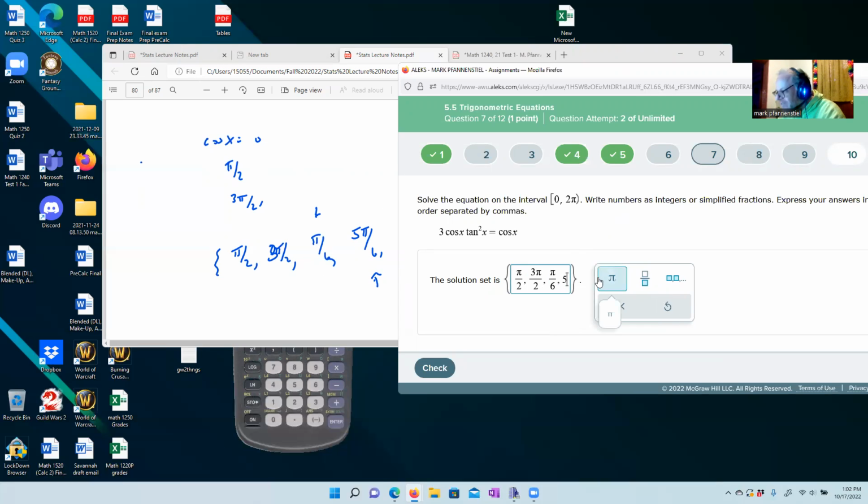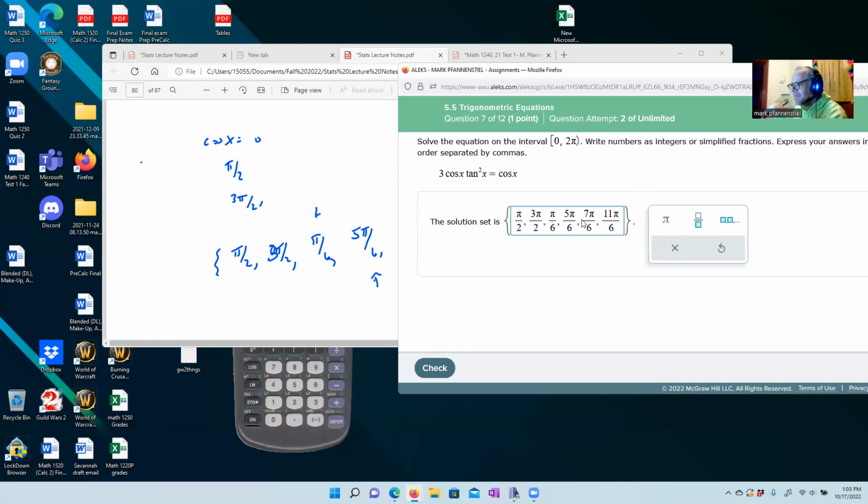We need a 5 pi over 6. We need a third quadrant one because we need the other positive one, so 7 pi over 6. That's still one of the positive ones, just positive in the third quadrant. And then for the fourth quadrant, we need 11 pi over 6. I think those are all of the answers for this particular problem.